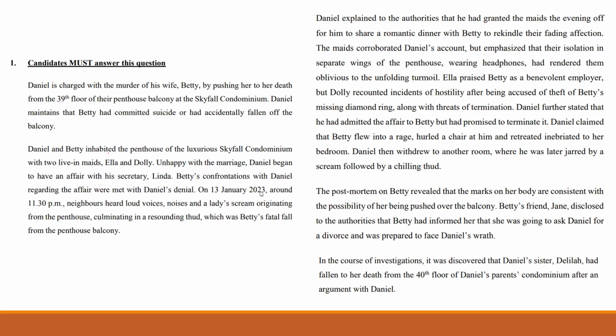On 13 January 2023, around 11:30 p.m., neighbors heard loud noises, and a lady scream originating from the penthouse, culminating in a resounding thud, which was Betty's fatal fall from the penthouse balcony. Heard a boom. The body must have fallen from the balcony and created this loud voice.